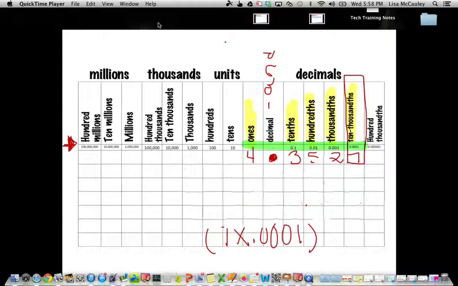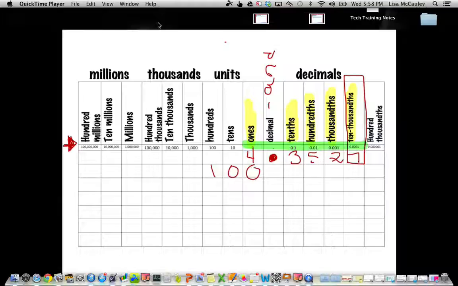So let's do one more example really quickly on here. Like if I gave you the number 100.1 or 100 and 1/10, that's 100 and 1/10. That's how you would say it in word form.